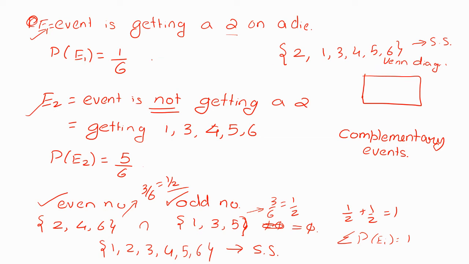Also if you check the probability of E1 plus the probability of E2, that is 1 by 6 plus 5 by 6, that comes out to be 6 by 6, that is 1. So this condition is also satisfied, that the summation of probabilities of events is equal to 1 when the events are complementary events.